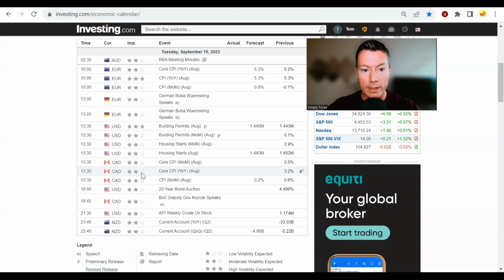This is a 3-star rating for me. This is going to move any Canadian dollar pairs. So you can imagine US dollar Canadian dollar, which is a pair that we're looking at today, at 1:30 is going to be very volatile. We've got US data and Canadian data. But after that, as you can see, no other news for us to worry about.